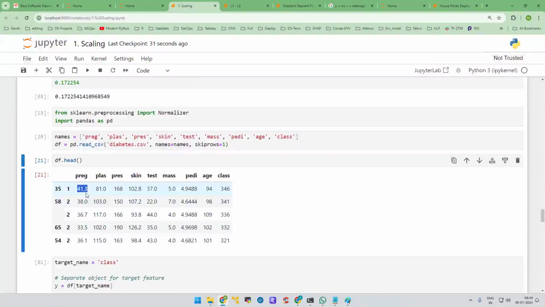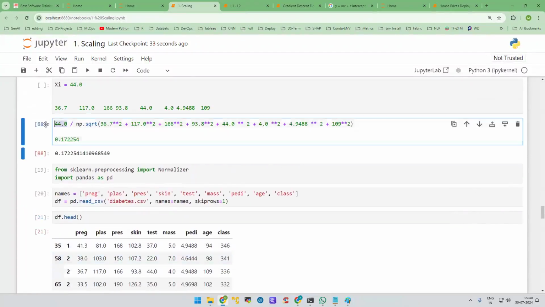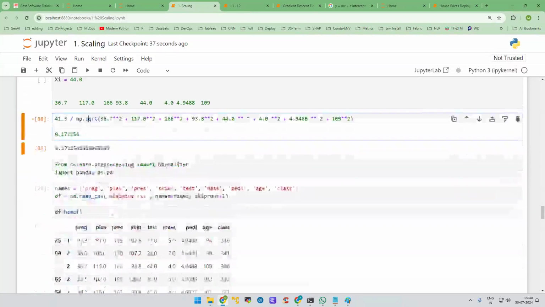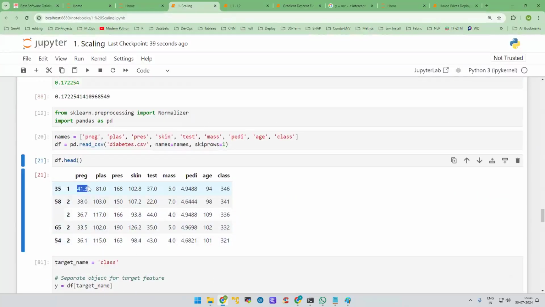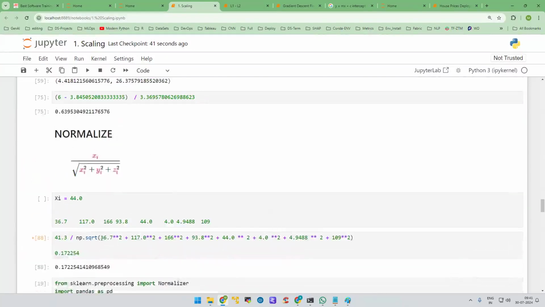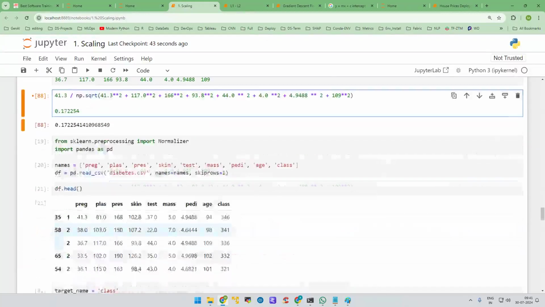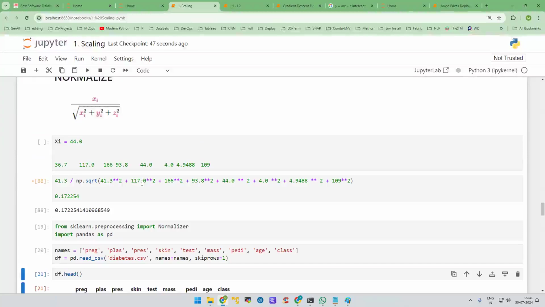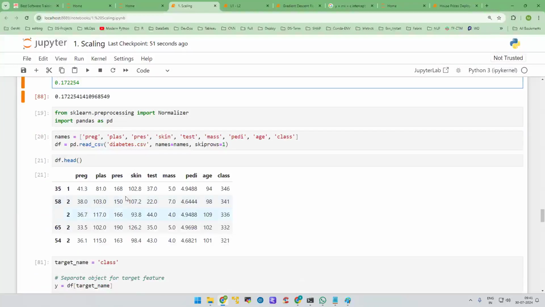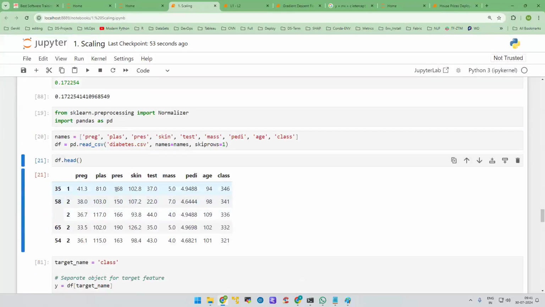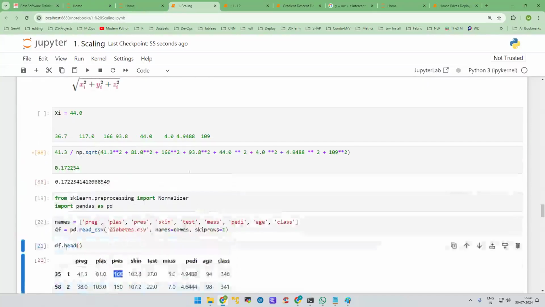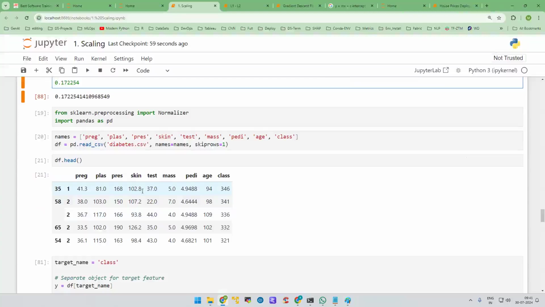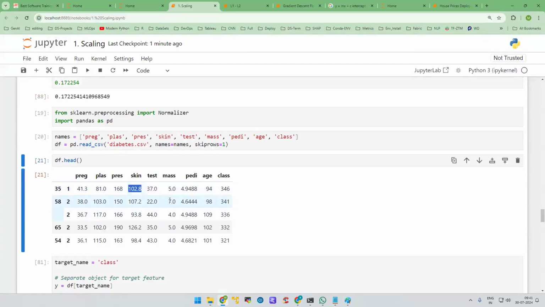It's 41.3 divided by the square root of each of these values being squared. This one across the row. And what is the value? 168. 168. 102.8.